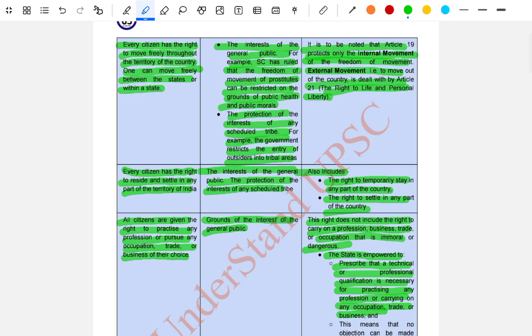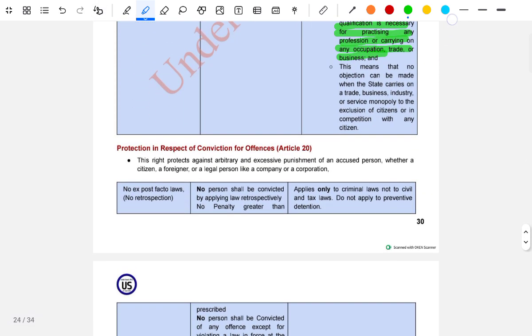And this means that no objection can be made when the state carries on a trade, business, industry or service monopoly, to the exclusion of citizens or in competition with any citizen.